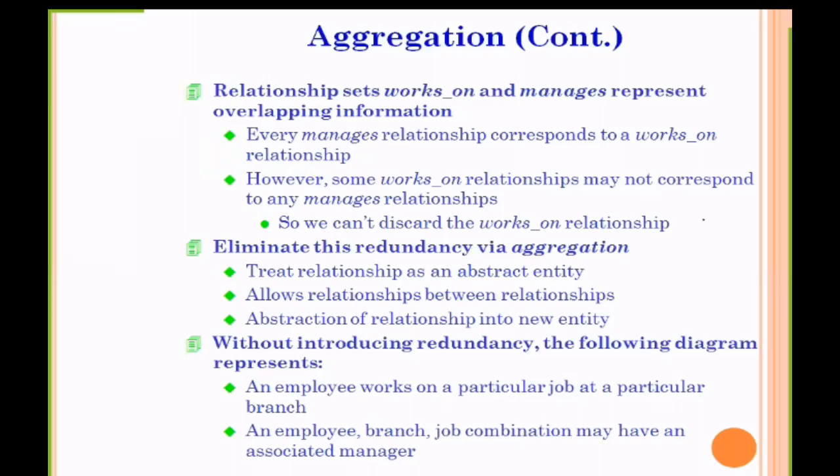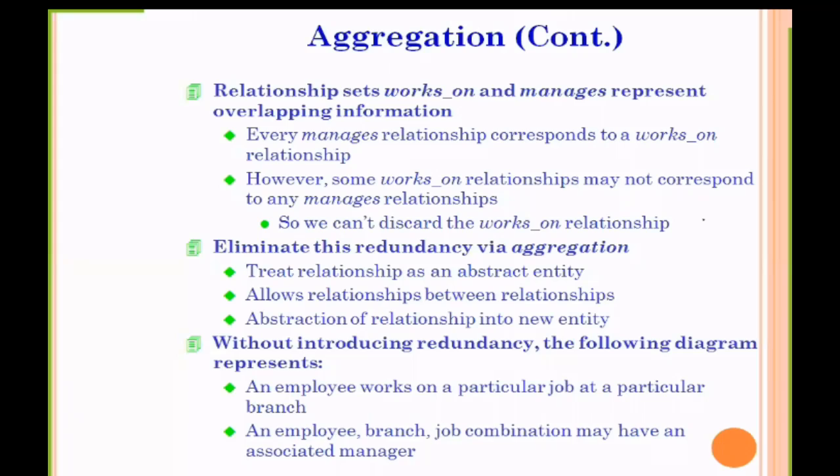However, some works on relationships may not correspond to any manages relationship, so we cannot discard the works on relationship. Eliminate this redundancy via aggregation. Treat a relationship as an abstract entity, which allows relationships between relationships.